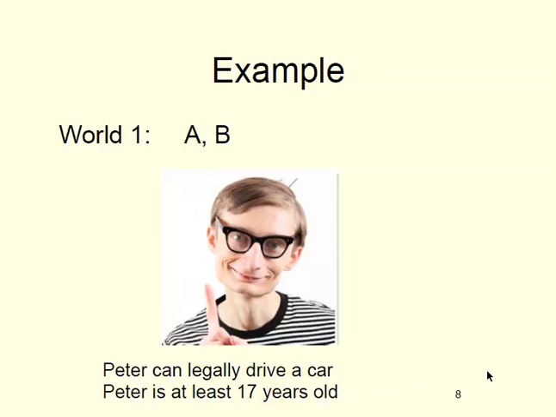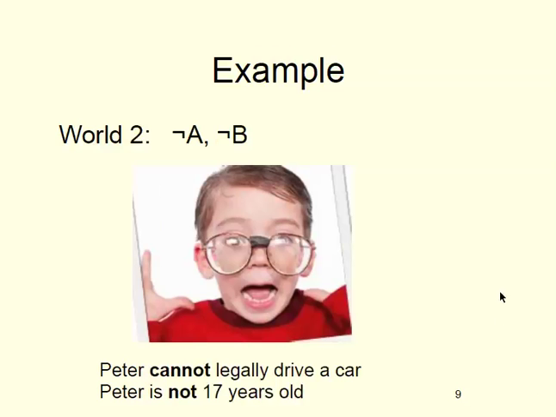How Peter looks in the picture is not relevant anymore, because we only look at the truth value of the propositional variables. We're not concerned about anything else. It doesn't really matter. Now, in this world, Peter cannot legally drive a car and he's not 17 years old.